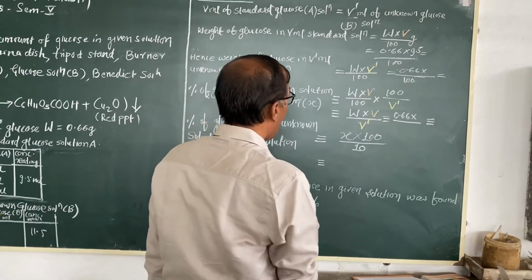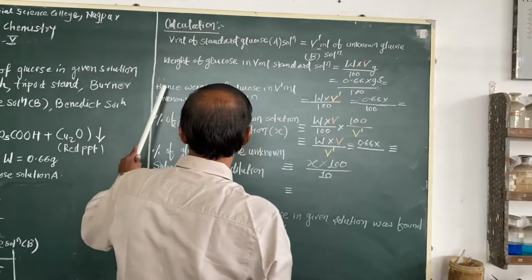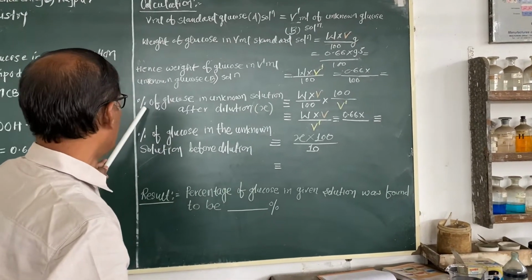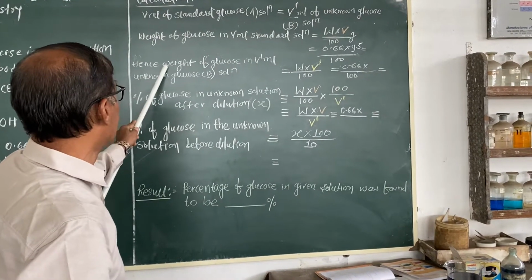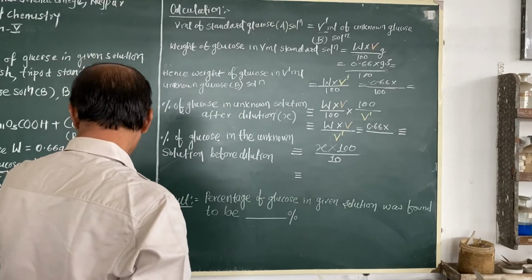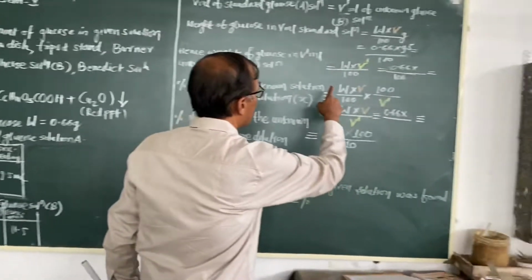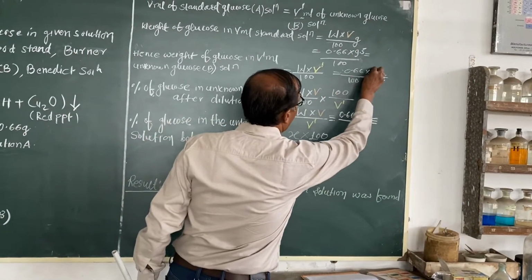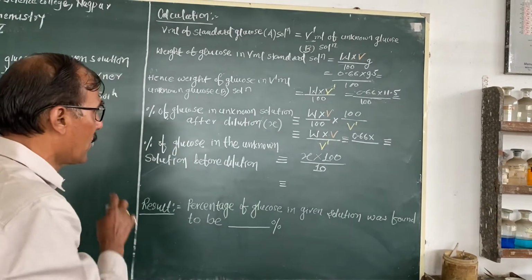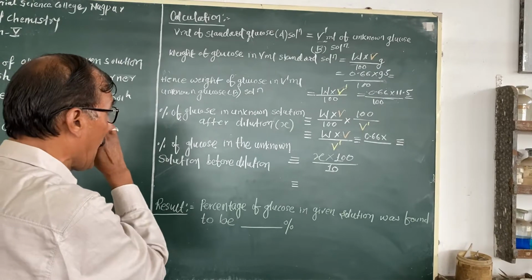And the weight of glucose in V dash ml, V dash meaning the unknown glucose, I got 11.5.